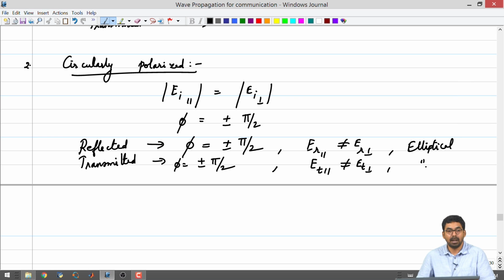It is also possible that one of them is 0, because you have a case where Brewster's angle occurs in one polarization, where you have gamma equal to 0 for that polarization, but in a normal non-magnetic material gamma for the other polarization is not 0. So, it is perfectly possible that you get only one polarized component, and the other polarized component is not present in the reflected case. So, it is perfectly possible that your input was circularly polarized and the reflected is only linearly polarized.